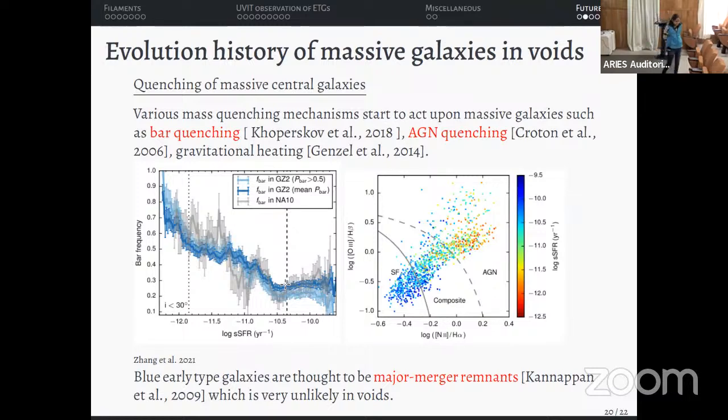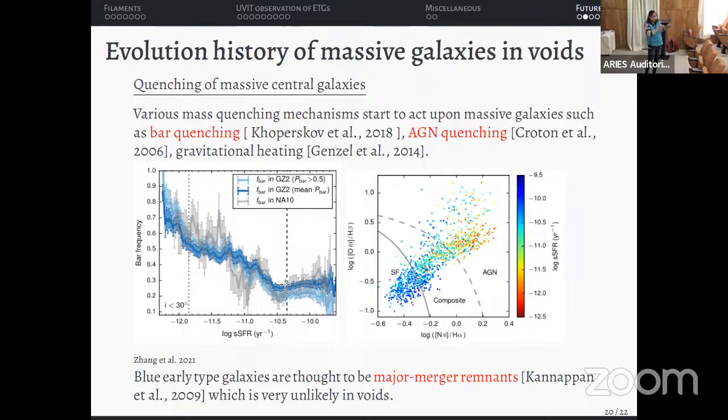So the TNG 300 simulation, or actually there are three types: TNG 50, 100, and 300. And the 50, 100, and 300 just tell us about the box size. TNG 50 is going to have more resolution. The box size of the simulation is just 50 megaparsecs. It's a cube of 50 megaparsec length.